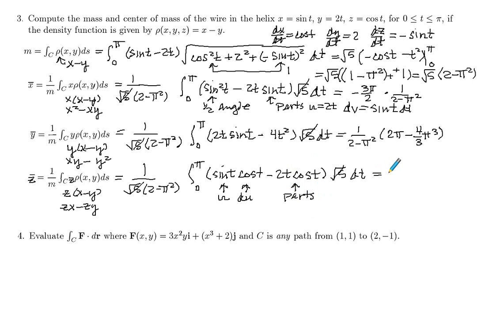Okay, and if you work through the details there, you get 4 over 2 minus pi squared. So the 2 minus pi squared is this factor here. So this integral up here, that should end up being 4. So work out the details for one of those integrals. Get a little bit of practice with your integration by parts.